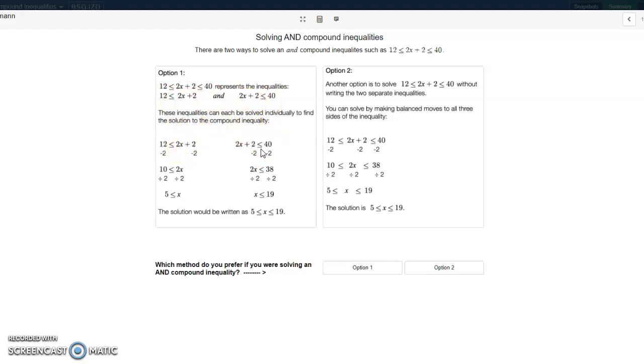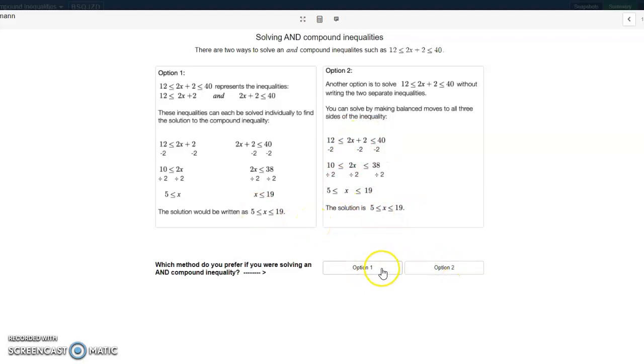And the first thing that they do is they subtract 2 on both sides, and then they get the two inequalities, 10 is less than or equal to 2x, and 2x is greater than or equal to 38. And then notice that for both inequalities, they had to divide by 2 to get the x by itself, and then they ended up getting x is greater than or equal to 5, and x is less than or equal to 19. And in option 2, they did that to everything at once, and they still got the same answer.